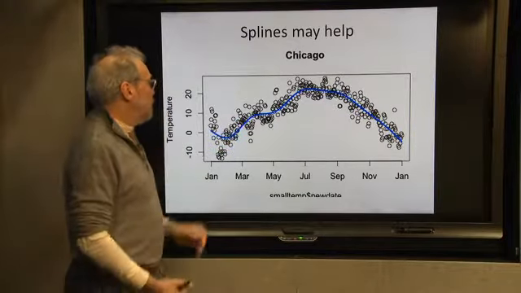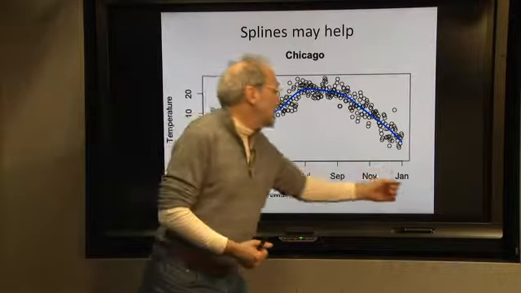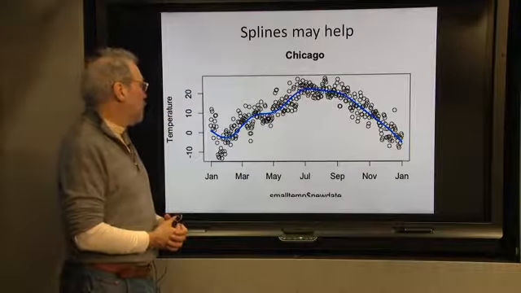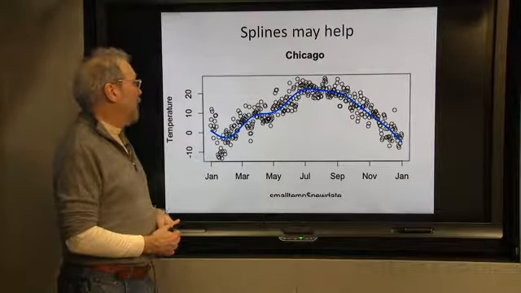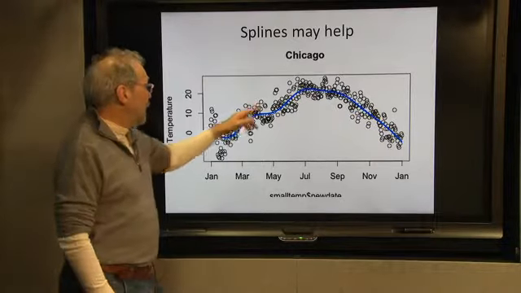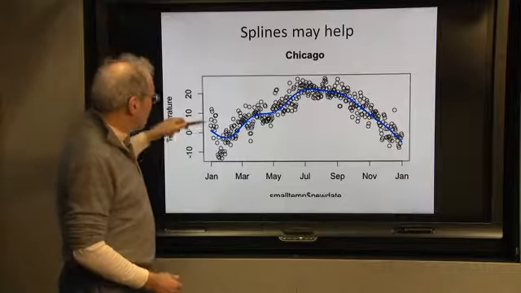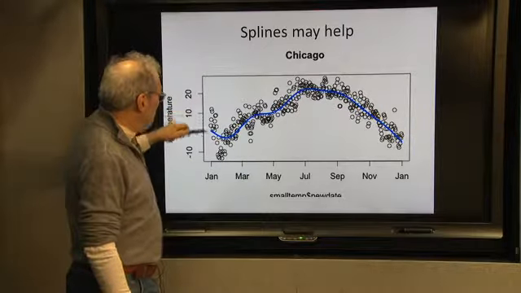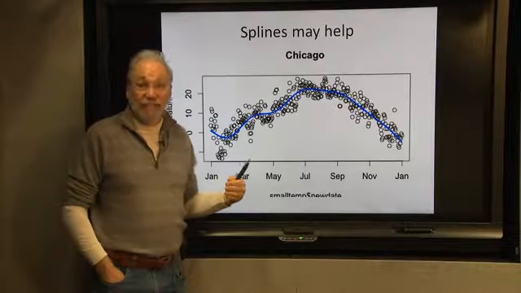Well, let's come back to our temperature in Chicago over the course of 2001, and we could fit a spline to the data, and this spline looks like it does a pretty good job. We still have too many high points here, but this really looks like it was a very unusual event.